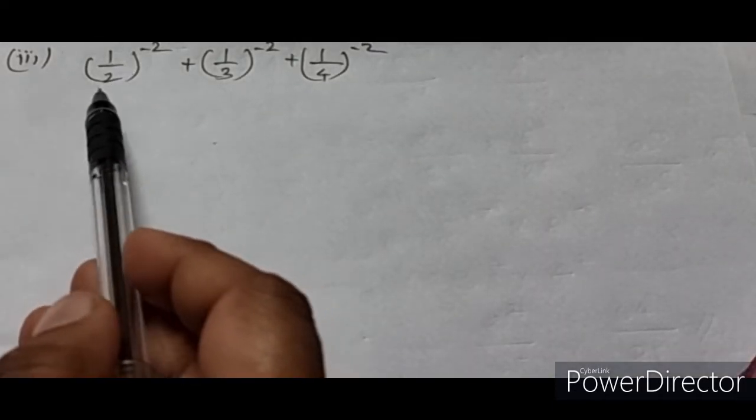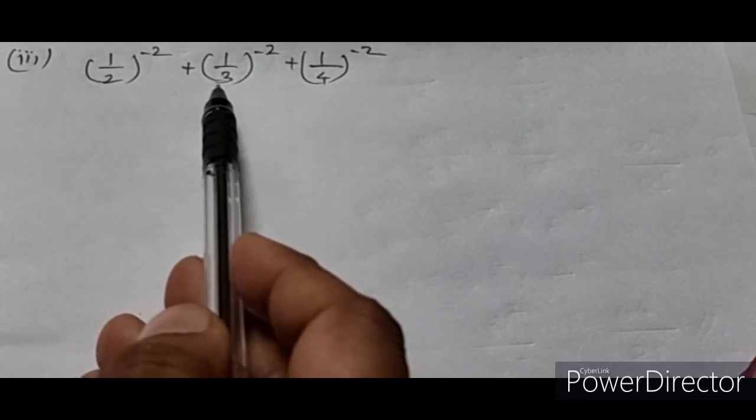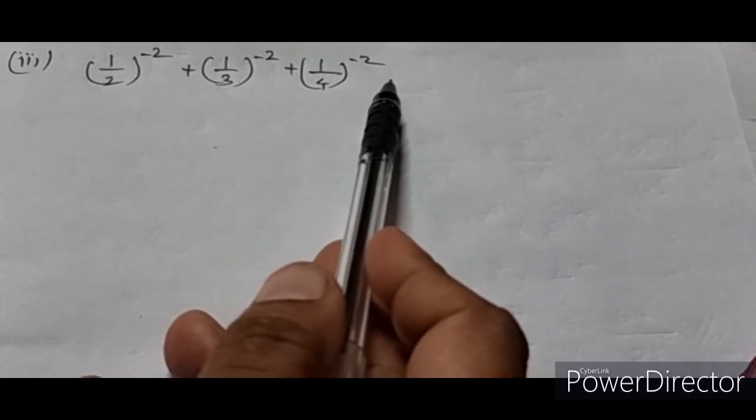Subdivision 3. 1 by 2 to the power of minus 2 plus 1 by 3 to the power of minus 2 plus 1 by 4 to the power of minus 2. Okay, to make all the powers positive, I'm doing a reciprocal.